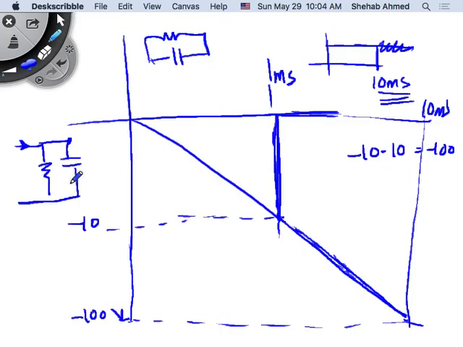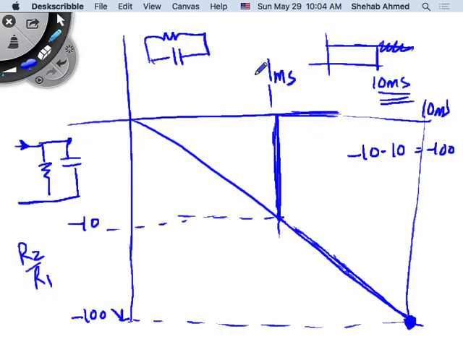So at 10 milliseconds, this capacitor became an open circuit, and the voltage will eventually be the same as you have here, minus 100. Because if the capacitor is not there, the gain will be determined by R2 over R1. It will be an inverting amplifier with gain R2 over R1.